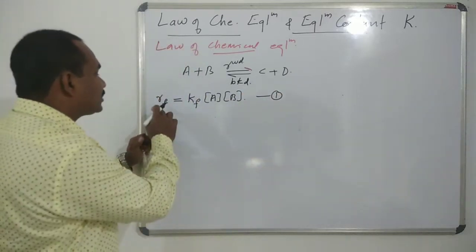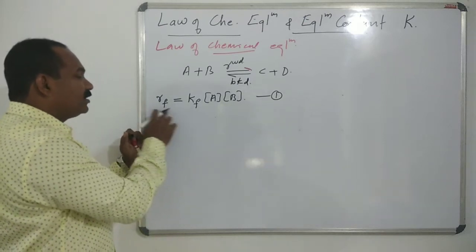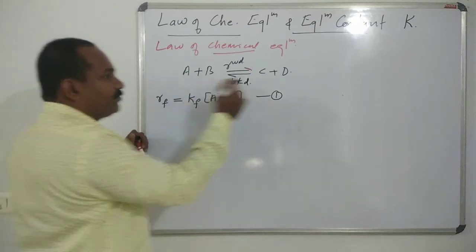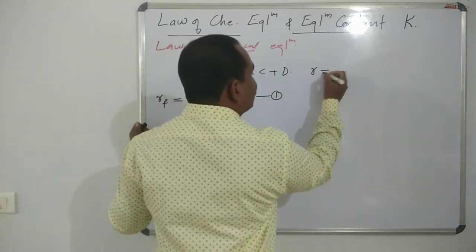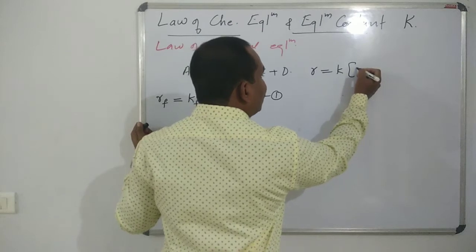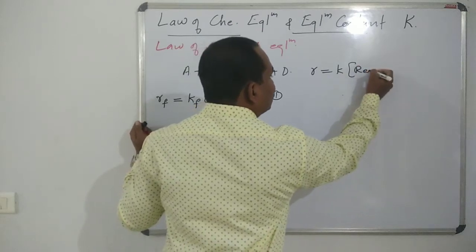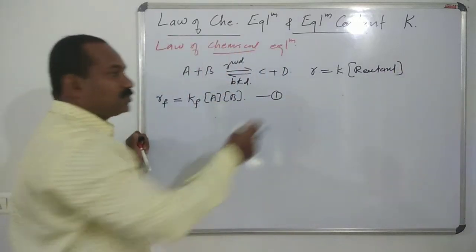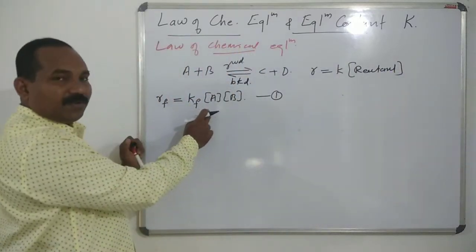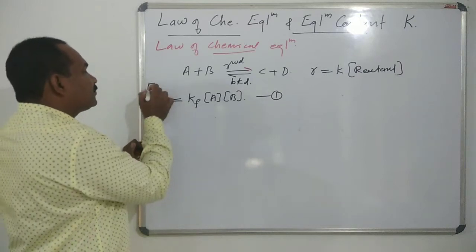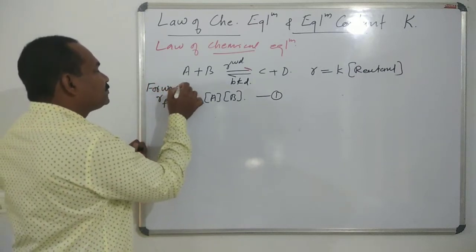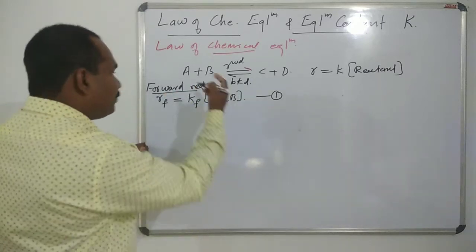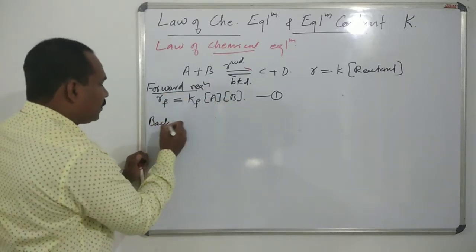According to the law of mass action, the rate of forward reaction RF is equal to KF. The general equation R is equal to K into the product of the concentrations of reactants can be applied here, and this is for the forward reaction. We take the backward reaction.